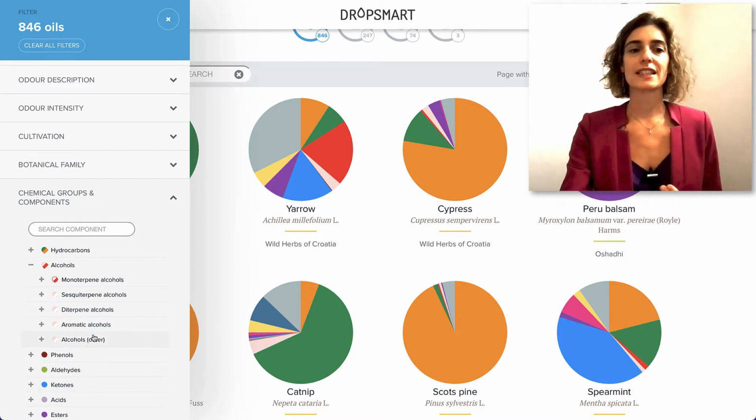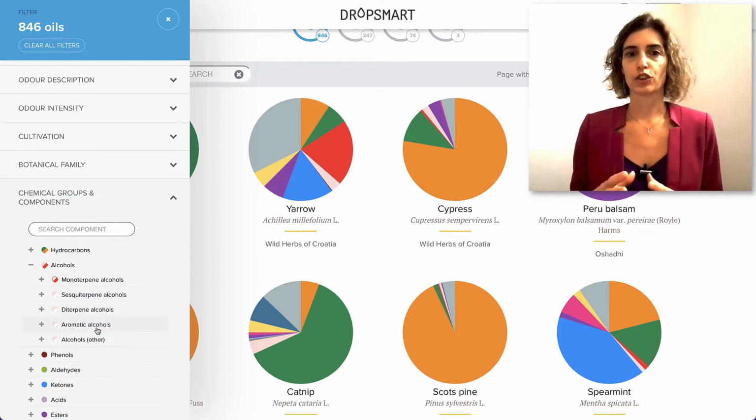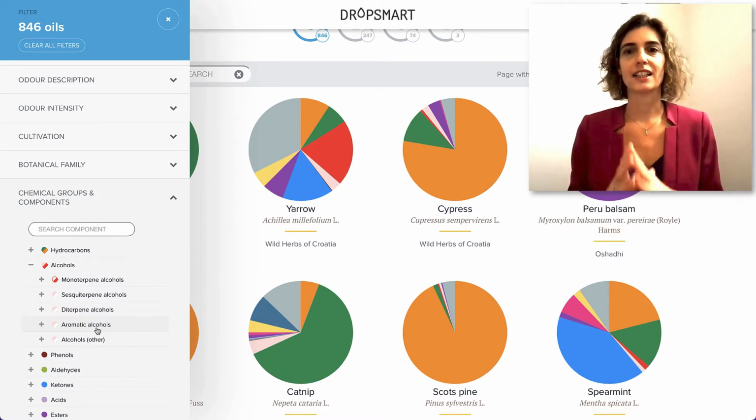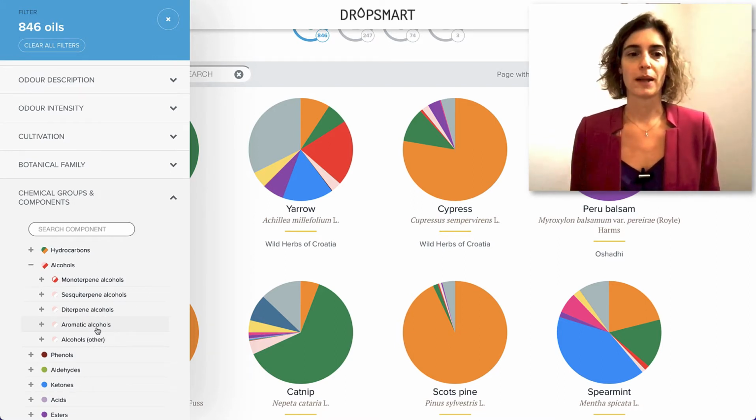But also inside we look at the size, so monoterpene alcohols, sesquiterpene alcohols, diterpene, and then we put this aromatic group as well, which is not the size, it is connected to the benzene ring. I will not go into the chemistry. If you want to look a little bit more and read about it, go back to the basic chemistry guide I shared with you a few videos ago, and you have more details there to fall back on.